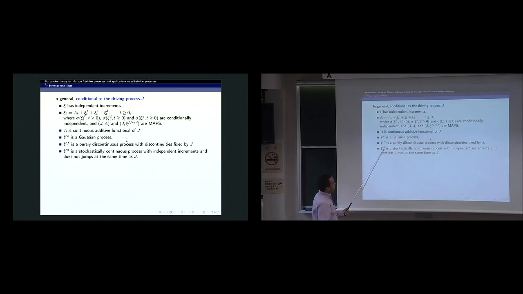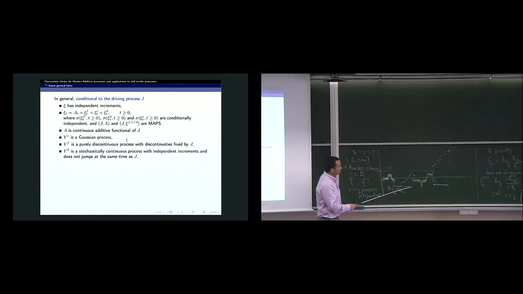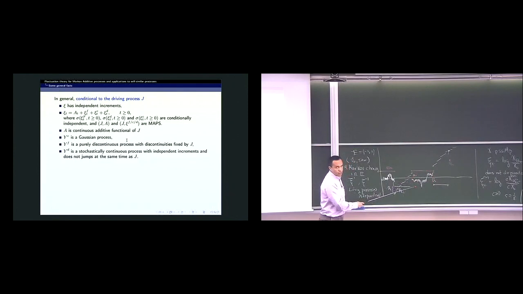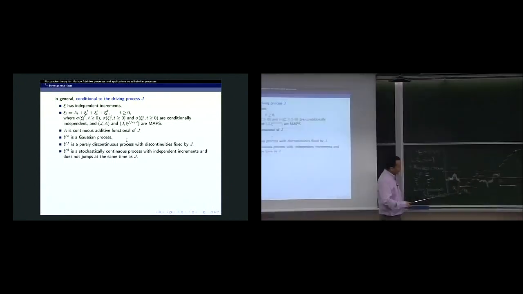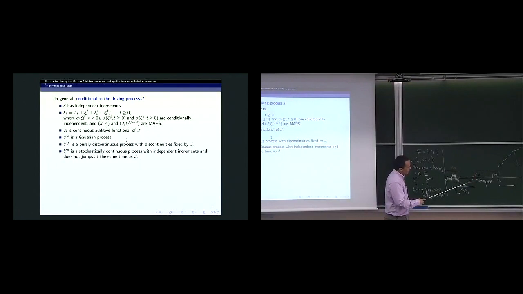And then there is another process, psi d, which has independent increments, but does not jump at the same time as J. So imagine in this drawing here, this process has jumps that are not caused by the jumps of J. So psi d is describing the dynamics of the particle in all the places, but where we jump when we change dynamic. The change in the dynamic here is coming from psi f.